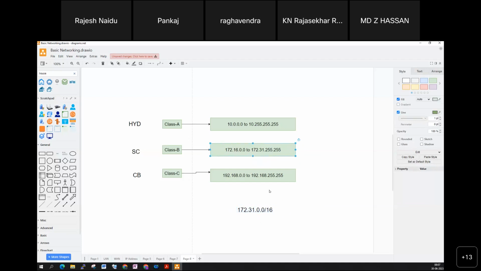Which one is the maximum range and what is the minimum range? That's what I lost. Okay, let me explain. Everybody is silent, so I assume everybody knows about it. Okay, fine.